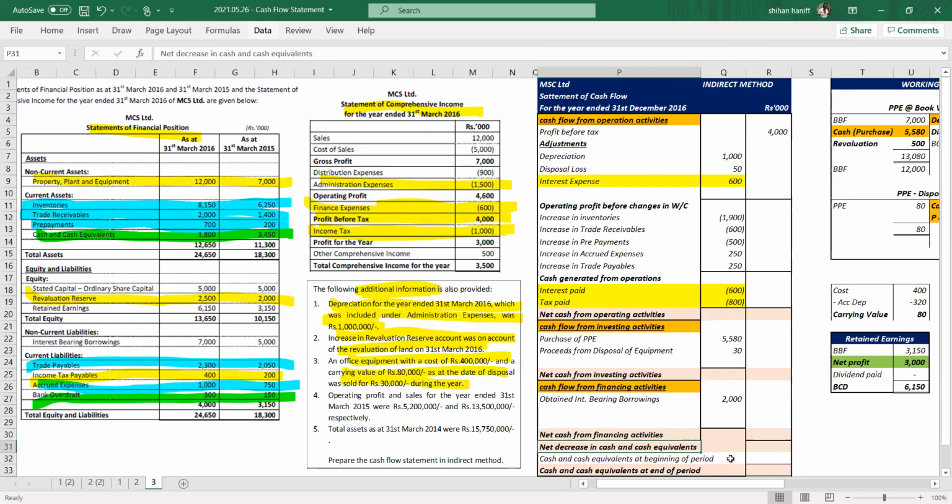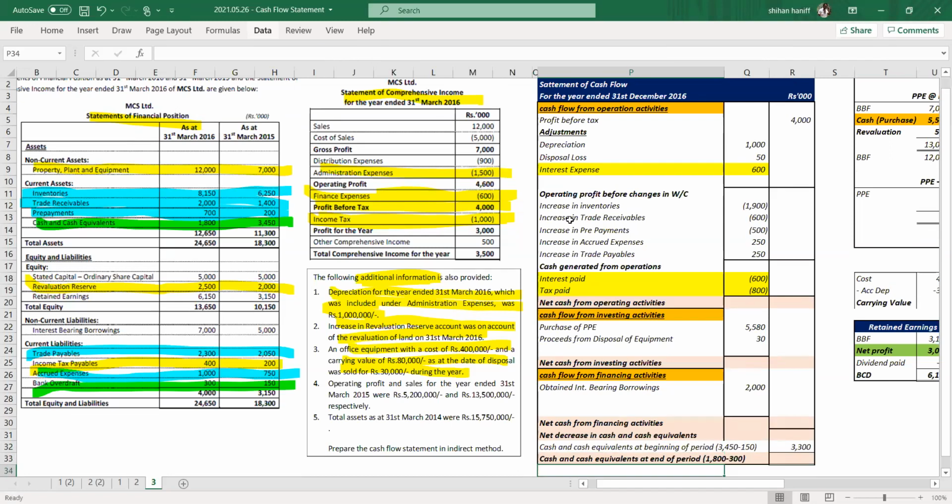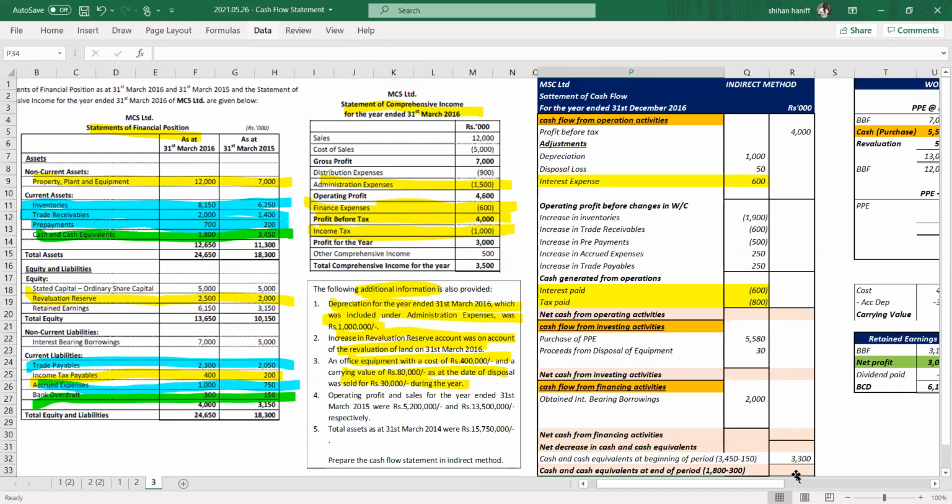Cash and cash equivalent at the beginning of the period: 3,450 minus 150, 3,300. End of the period: 1,800 minus 300. So the answer should be 1,500. Once we calculate the answer, this should be 1,500.